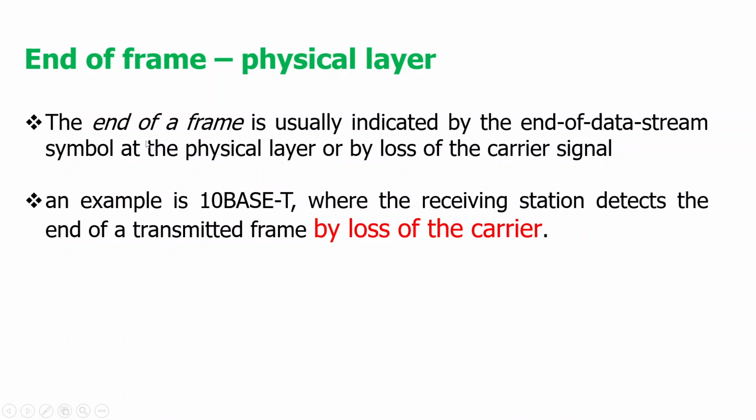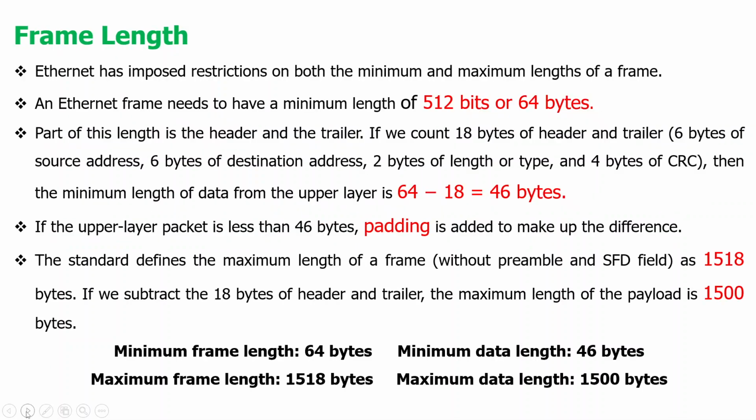It is usually indicated by loss of the carrier signal. For example, in 10BASE-T Ethernet, the receiving station detects the end of the transmitted frame by loss of the carrier. Simply, the signal of binary ones and zeros is switched off. If there is no input, it is considered the end of the frame.